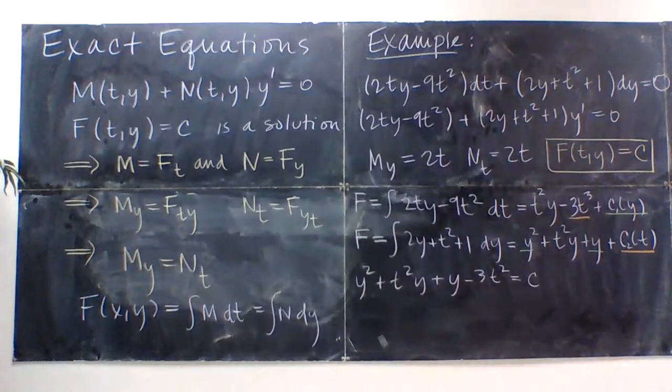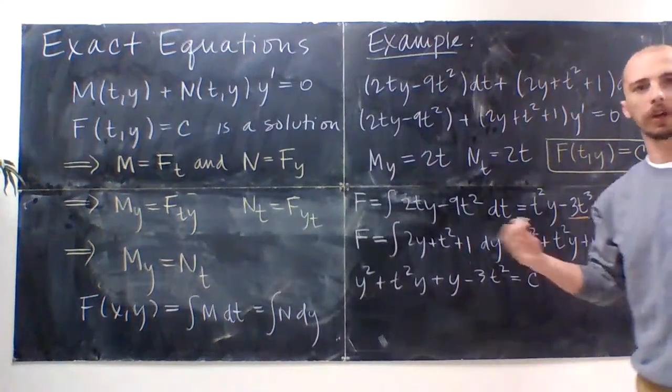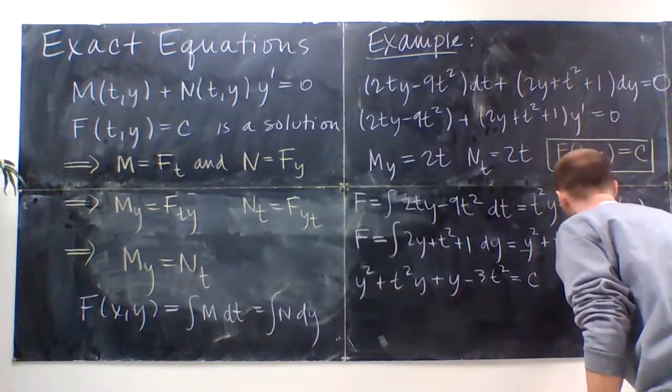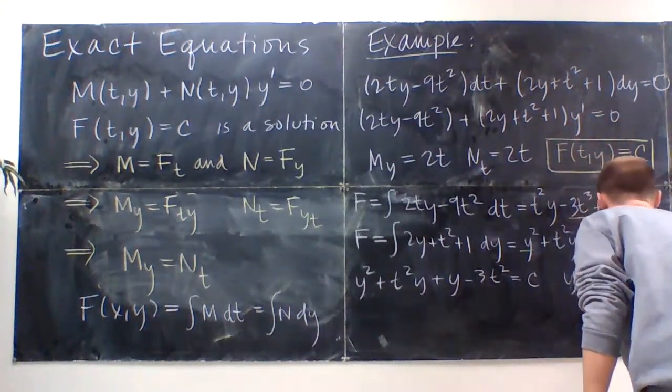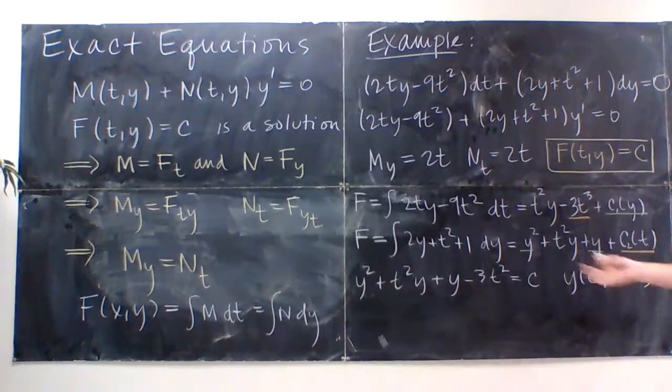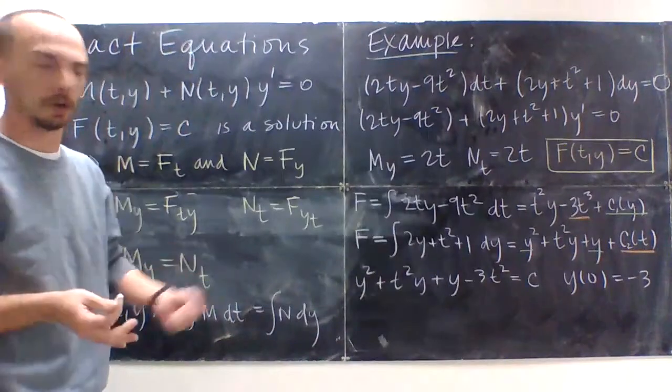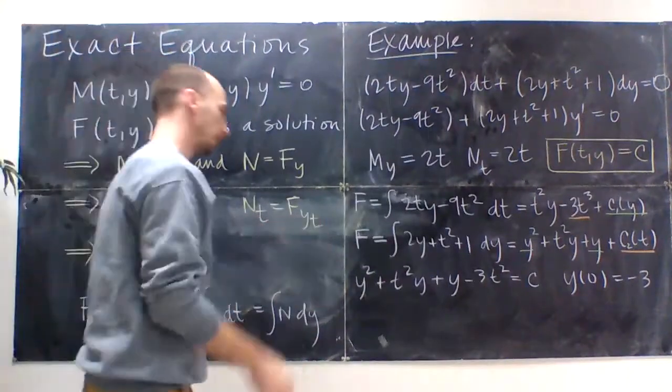Now, I didn't really give you an initial condition, but suppose I did. Let me just make one up real quick. How about (0, -3)? Then I'll say that y of 0 equals -3. It should be very easy to find my value of c, because I'm just going to plug in t and y and get myself a number.